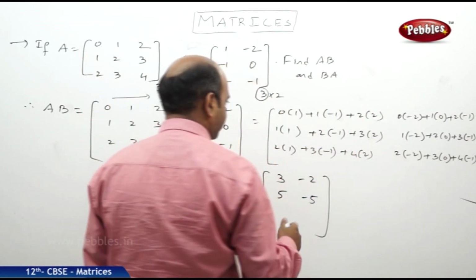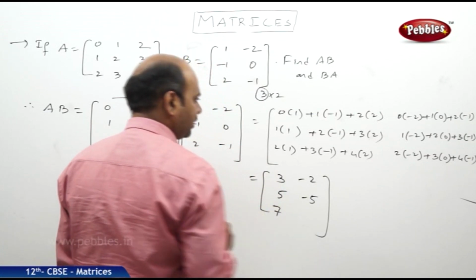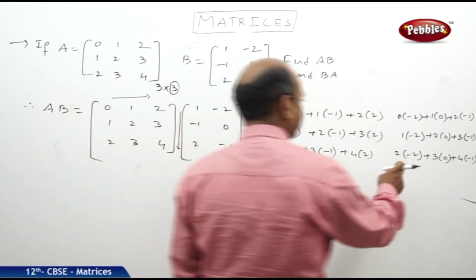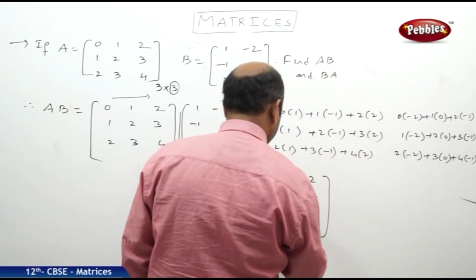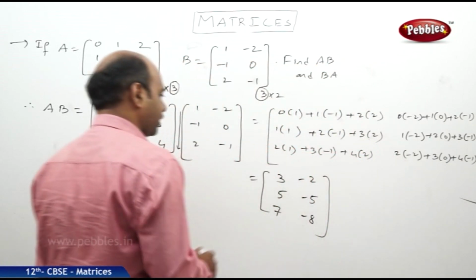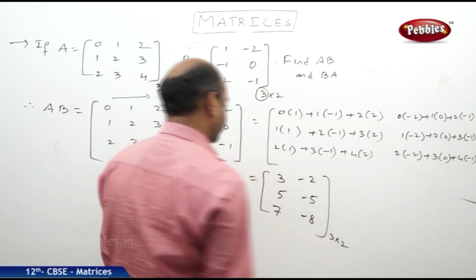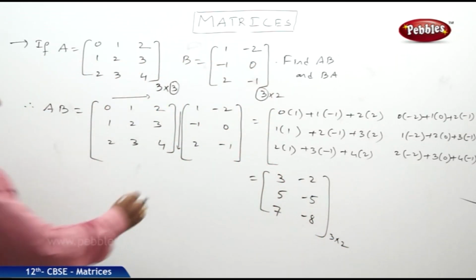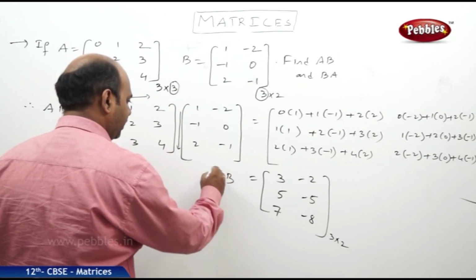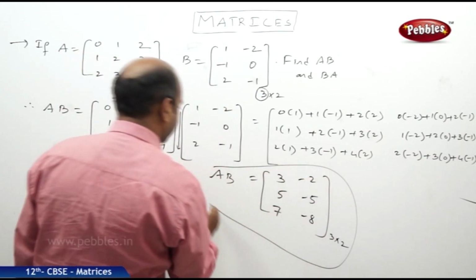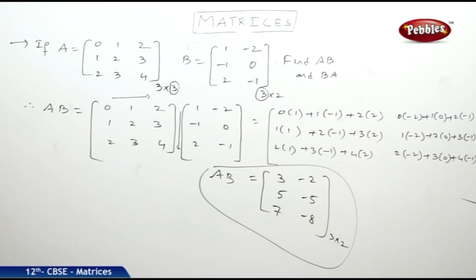Later 2 plus 8, 10, 10 minus 3 will be 7. Similarly minus 4 will be minus 8. So finally what did I get? I got a matrix of the order 3 by 2. So this is the value of AB. This is the answer.